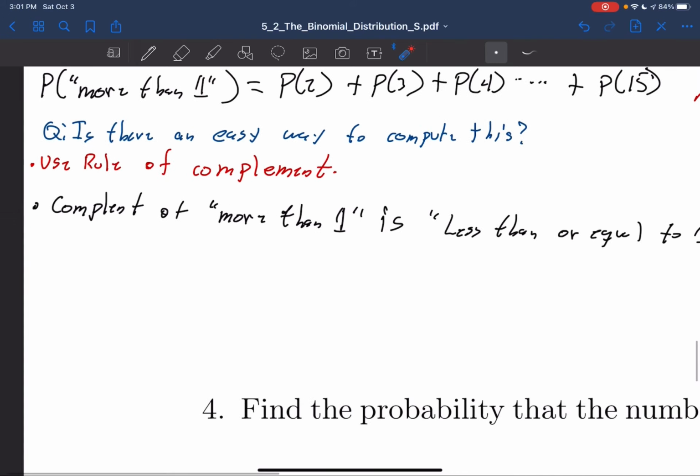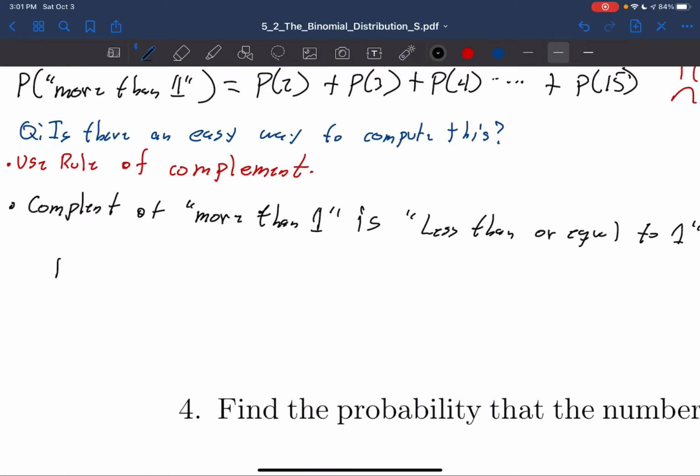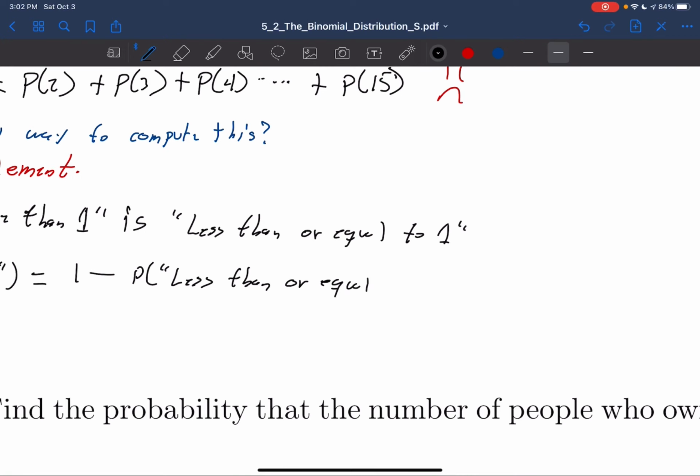So here, the probability of more than 1 is just equal to 1 minus the probability of less than or equal to 1.